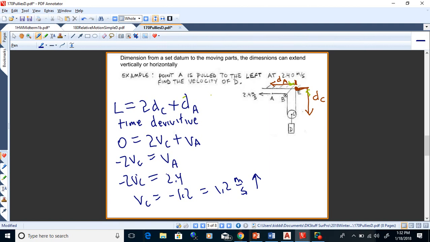Now that little green squiggly constant, I'm just ignoring it. You don't need to put them in, because when you take that time derivative, they're constants, they just go to 0. Take a time derivative: L goes to 0, DC goes to VC, and DA goes to VA. Then algebraically work it out. VA is 2.4, so VC is minus 1.2. I'm dimensioning that down, so the negative means it actually acts up.